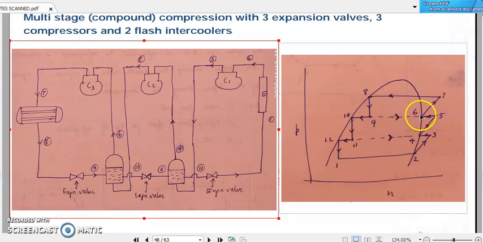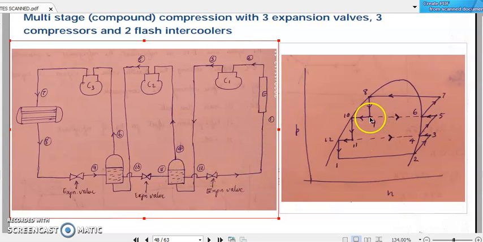This dotted line from 9 to 6 represents the flash gas removal, or the removal of the vapor form of the refrigerant from the flash gas chamber, and it is admitted to the entry point of the third compressor, that is point 6. Okay, then whatever liquid refrigerant is remaining inside this flash gas chamber will be admitted to the next levels and finally to the evaporator.